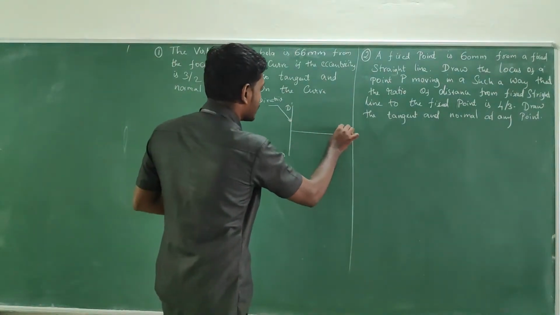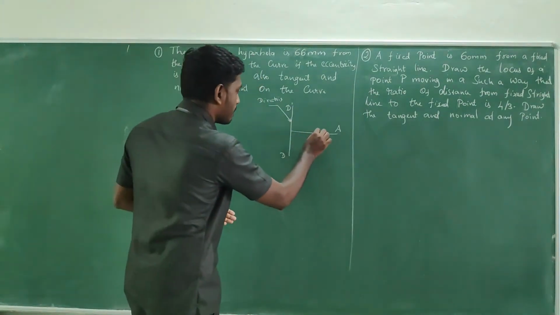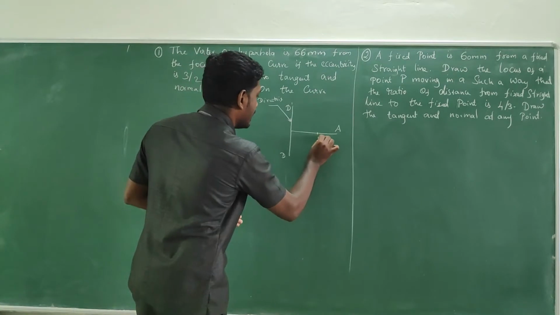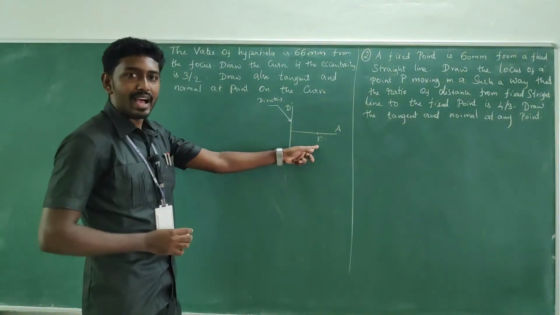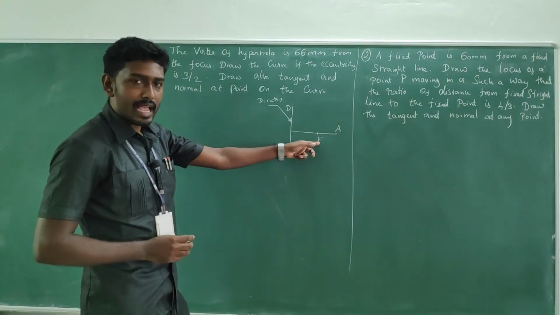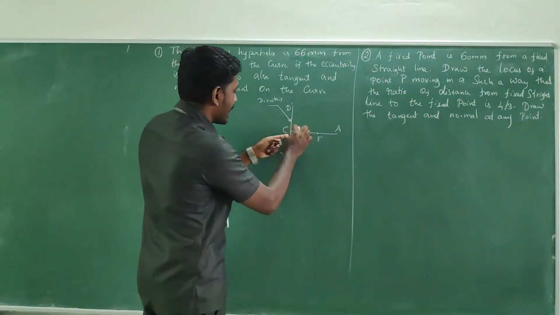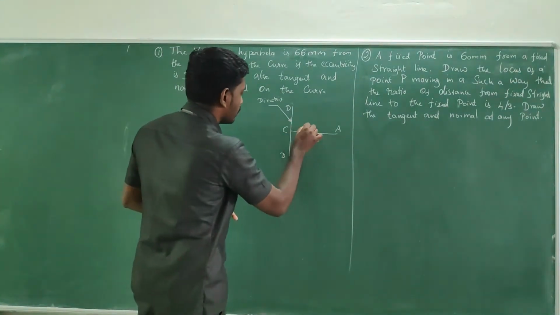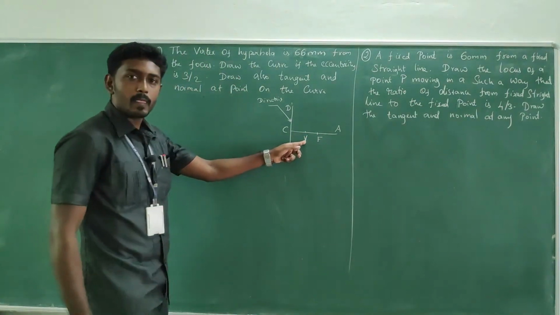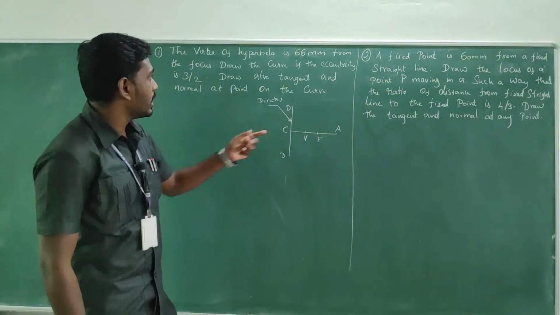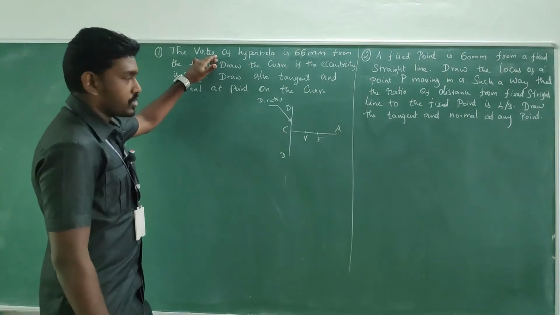and see, this is the axis, we know it A, and in the axis we have the focus, and in between, if I take this as C, in between C and F we used to have the vertex. Now try to read the question.